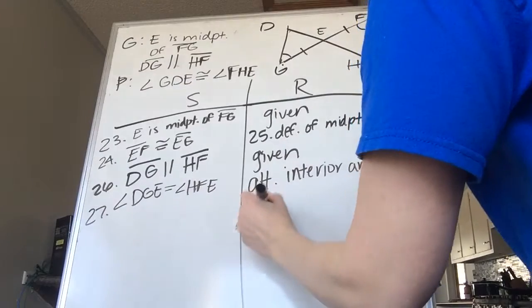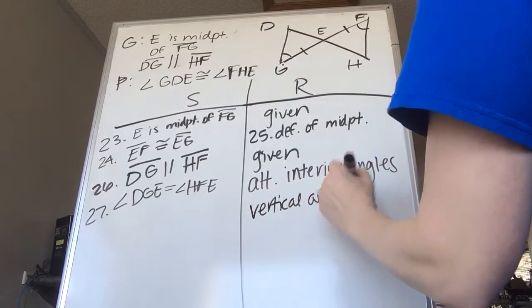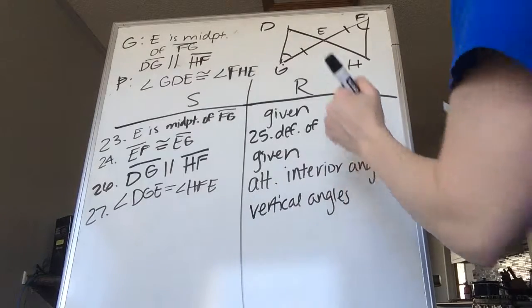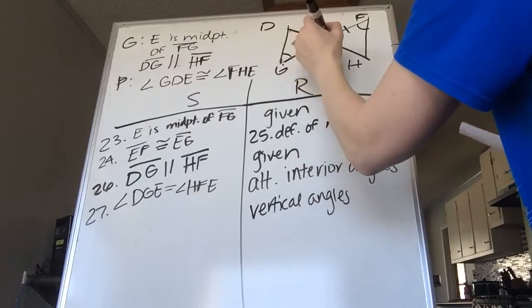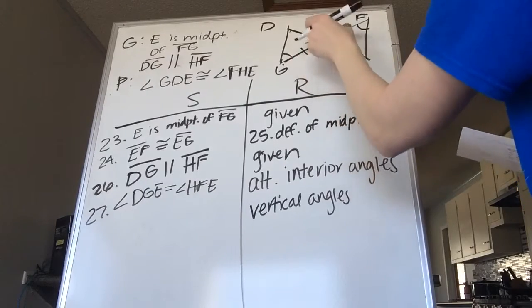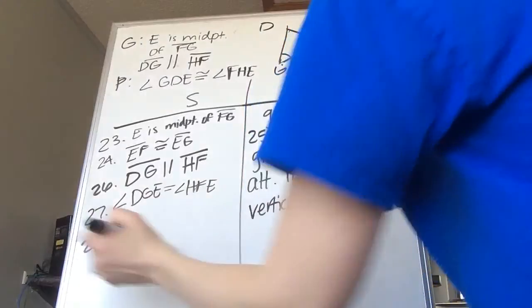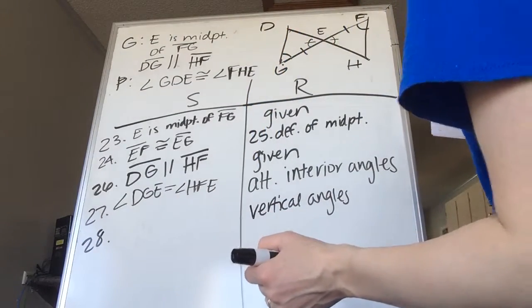Well, then we were told we have some vertical angles. Which two are vertical angles? DEG and HEF are vertical. We know that vertical angles are congruent.